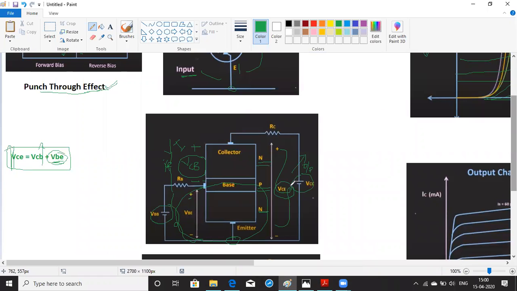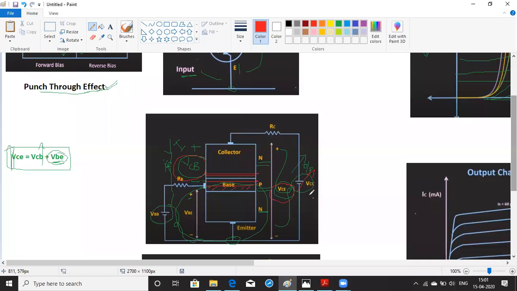This value is increasing, right? This value is increasing and this value is also increasing. So that means you are increasing this reverse voltage. Whenever you are increasing the reverse voltage, what happens? This depletion layer, whatever you have drawn, will increase and make this base junction narrow, which we have already discussed earlier.